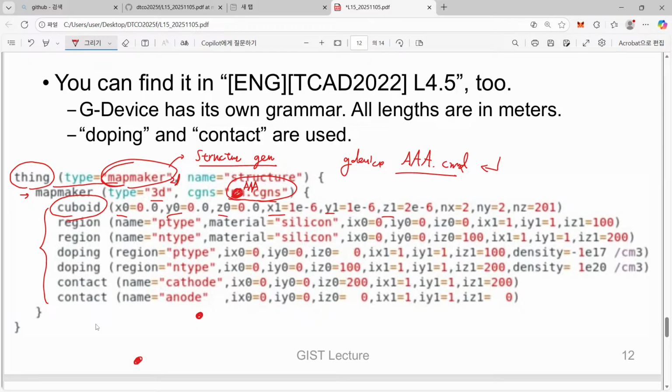Here you can see that this one is 1 micrometer, 1 micrometer, and I guess that this is 2, meaning 2 micrometer. There is a difference in the unit.